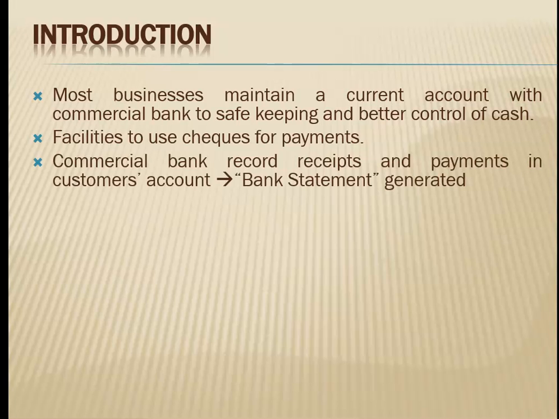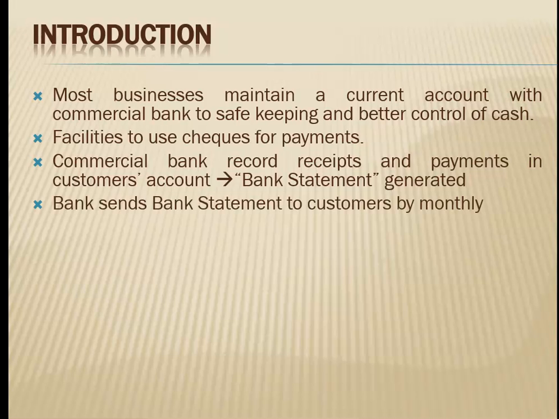And usually the bank that we have a current account with will provide us with a bank statement every month. From the bank statement we will see the activities or transactions, the inflows and outflows of our cash money from the bank account.